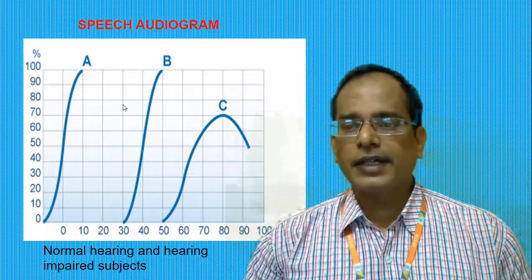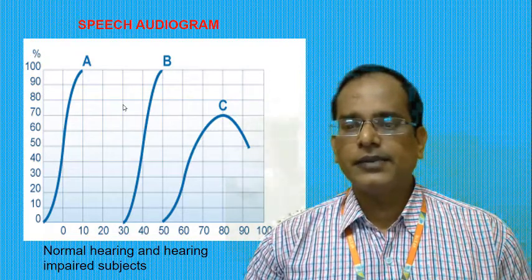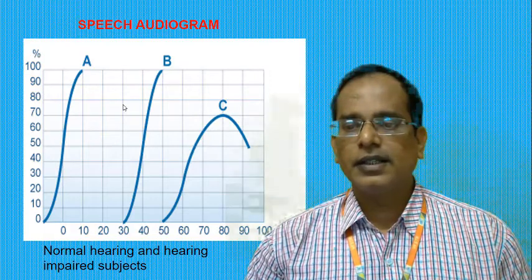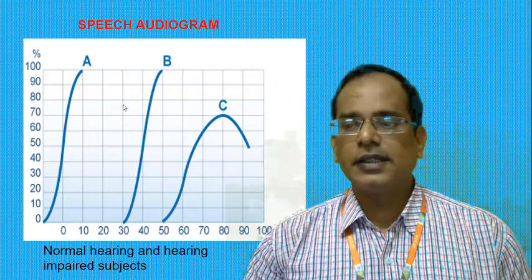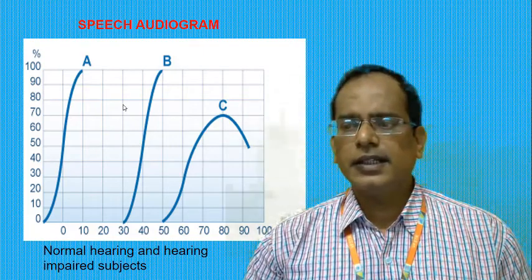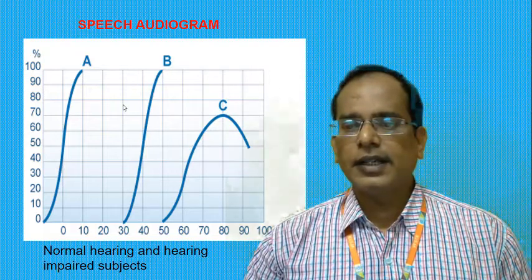The number of correct words is scored out of the number of presented words to give the word recognition score. A score of 85 to 100% correct is considered normal.